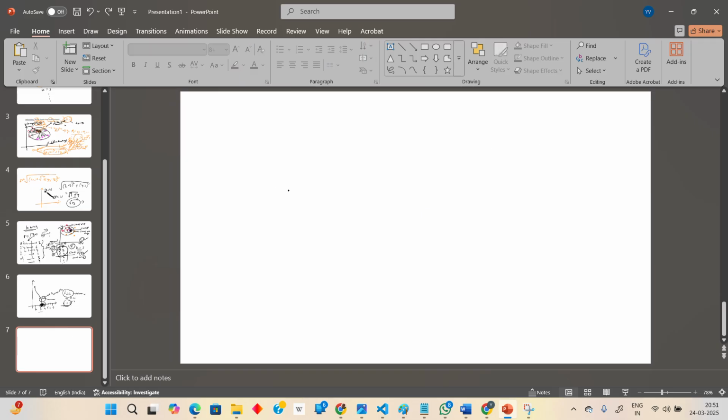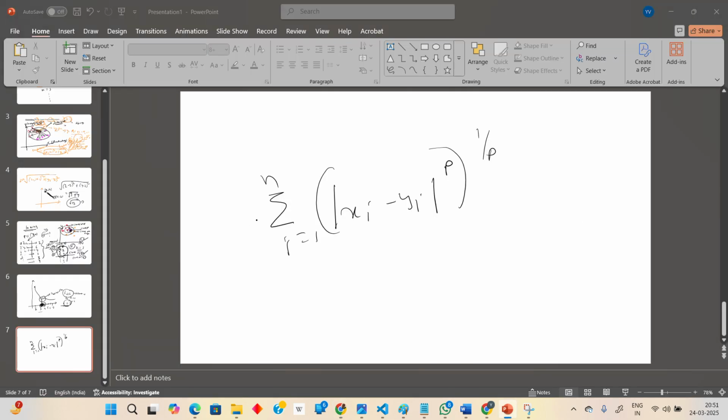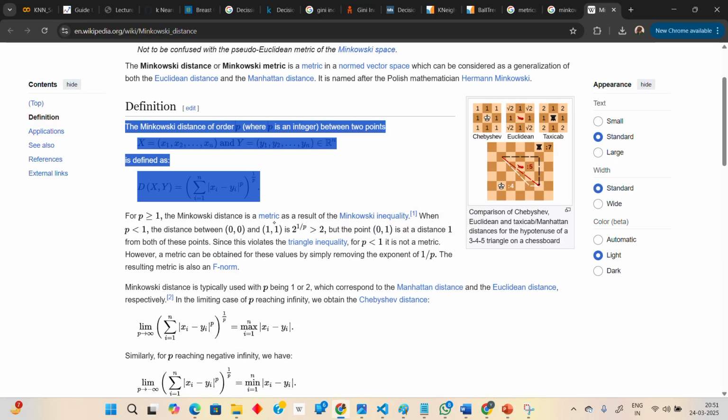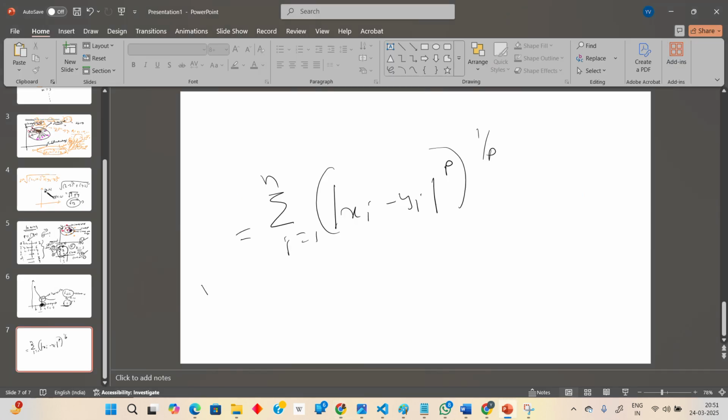So it is modulus of xi minus yi, mod power p, whole power 1 by p, and in between summation i equal to 1 to n. This is the formula of Minkowski.